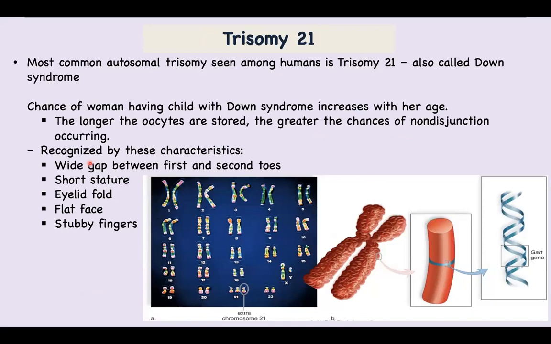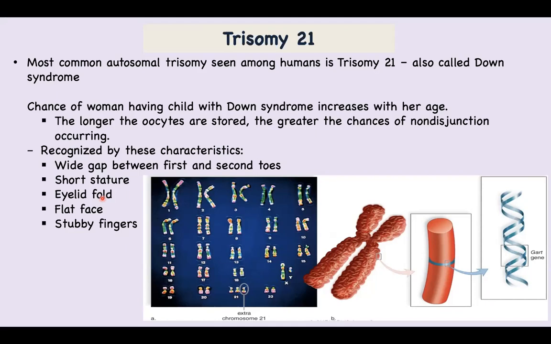They have wide gap between first and second toe. Dia ada macam flat face. They have stubby fingers. Tu kalau you perasan kan, all these special kids, Down syndrome individuals, mostly dia punya physical punya ni sama. Dia tengok, dia ni macam sama dengan kawan-kawan dia kan.